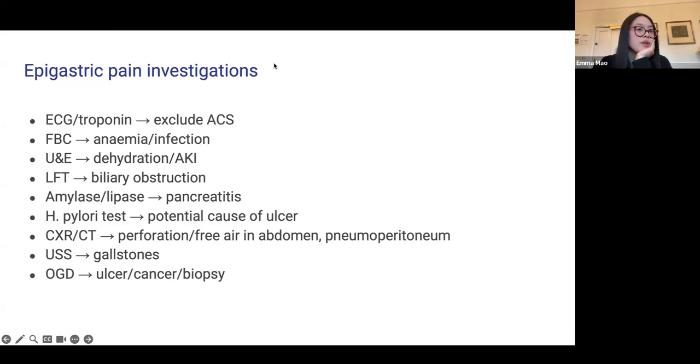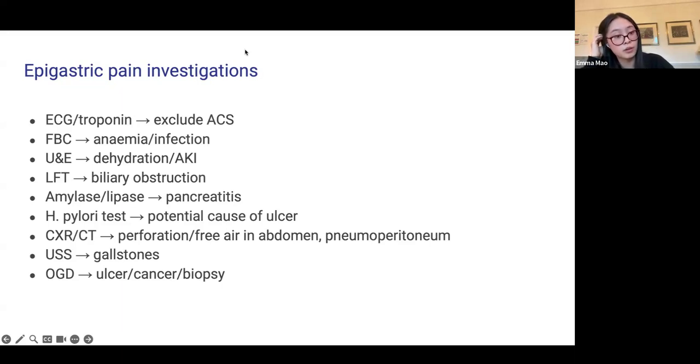Okay, so what you want to do is ECG, troponin to rule out acute coronary syndrome. We want to do a full blood count to rule out anemia, and you can also see the white cells, so infection. CRP would be useful there as well. And then using LFTs for the biliary stuff, and amylase and lipase for pancreatitis.